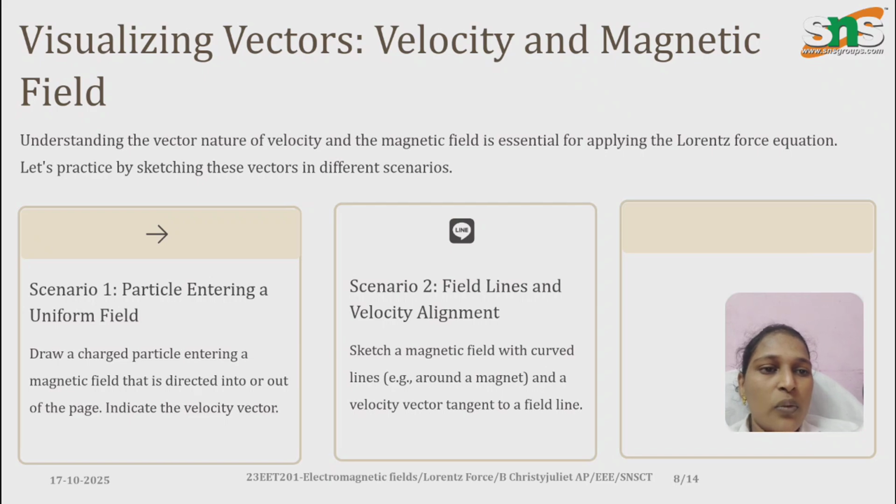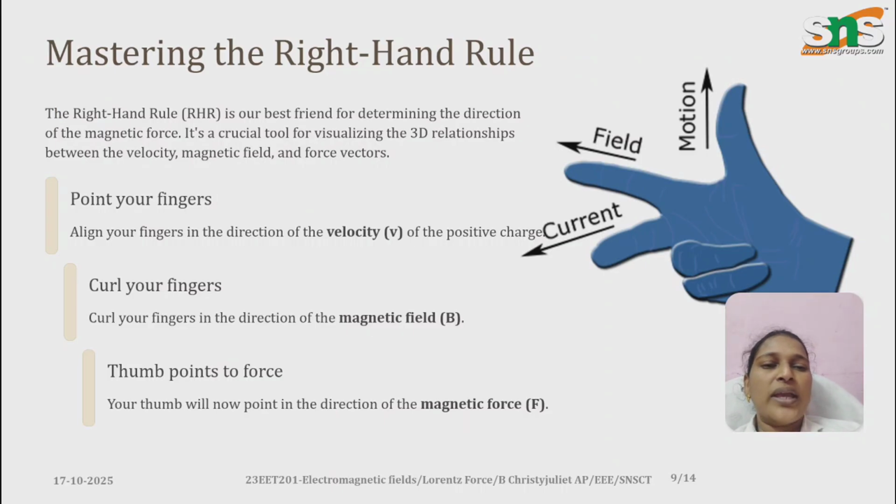And how can we find the direction of this magnetic force? With the help of the right hand rule, which is a good rule for determining the direction of magnetic force.